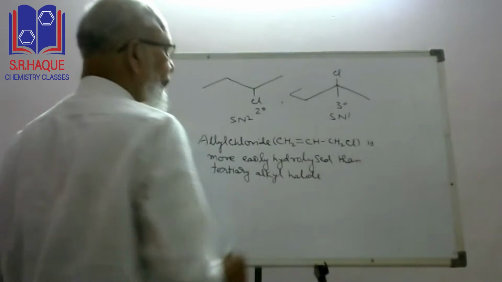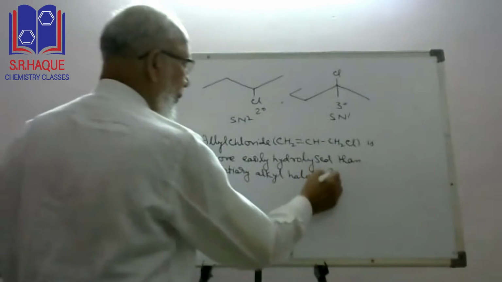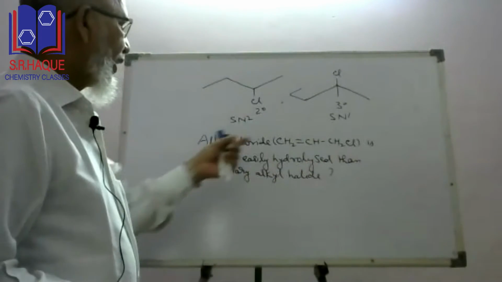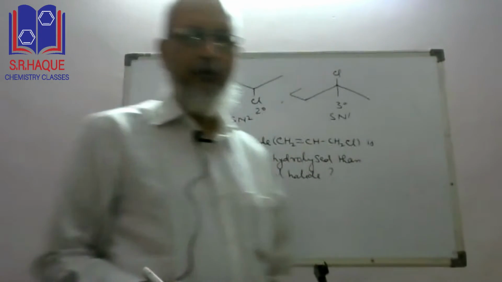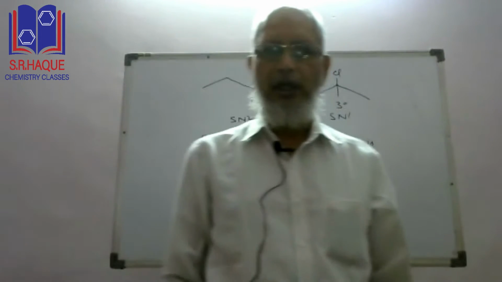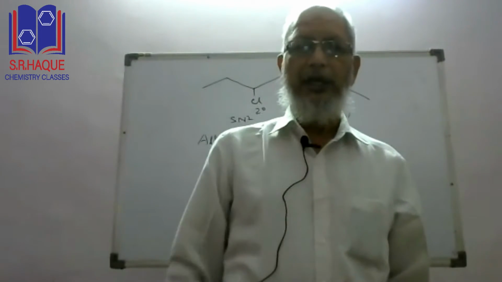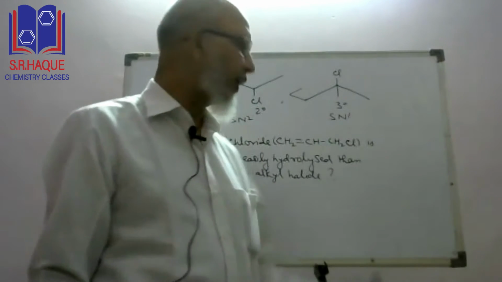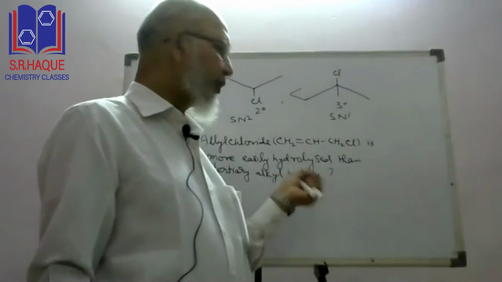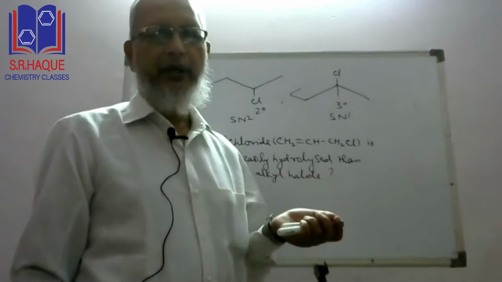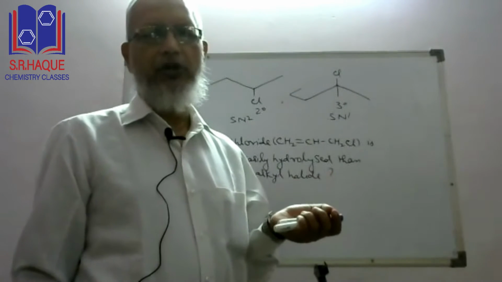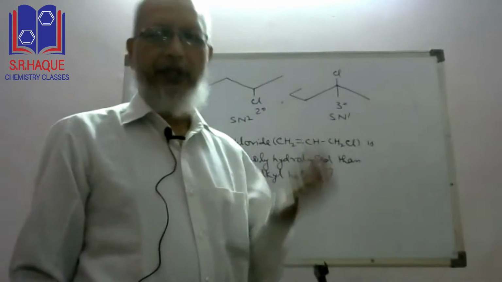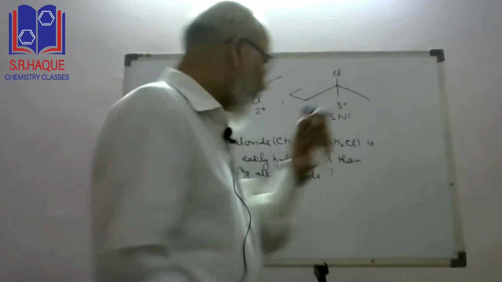This is because in case of allylic halide, there is formation of allyl carbonium ion having positive charge at the carbon atom, and in case of tertiary alkyl halide, there is formation of tertiary carbonium ion, and allylic carbonium ion is more stable in comparison to that of the tertiary carbonium ion.